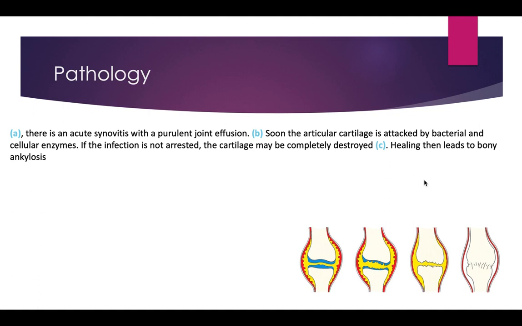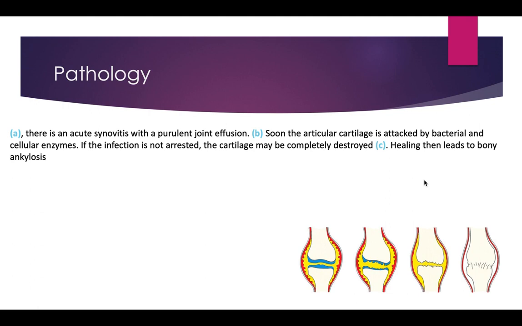Purulent joint effusion. The problem with the joint, guys, is that the cartilage is usually nourished by the joint fluid. It does not have its own blood supply.